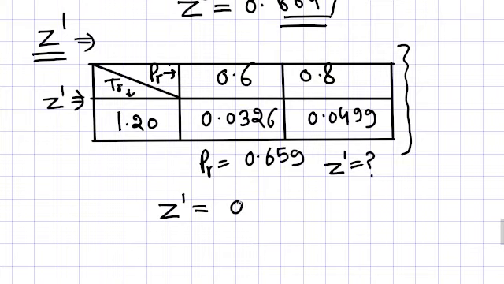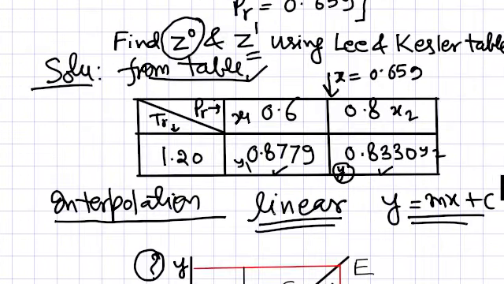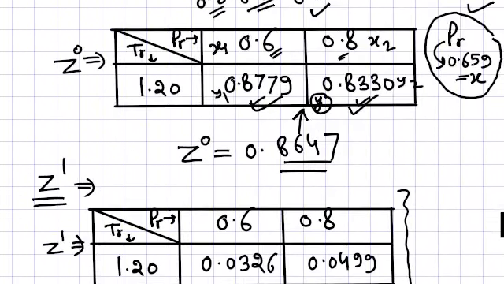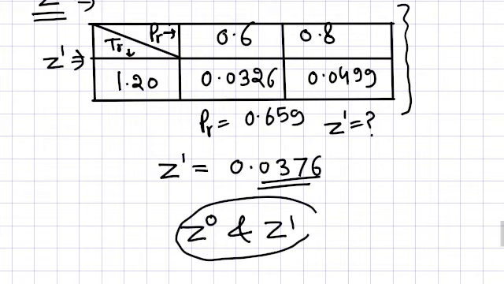You will get the value 0.376. So you can see that this value is coming in between this. This way this question is solved, and you have learned how to use the table to find Z0 and Z1. Now we will come to the actual numerical.